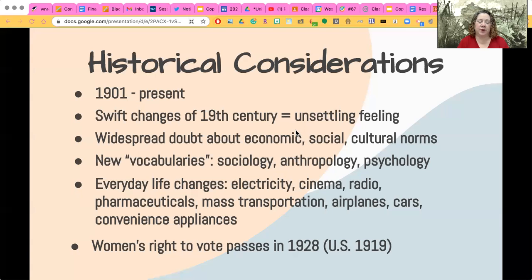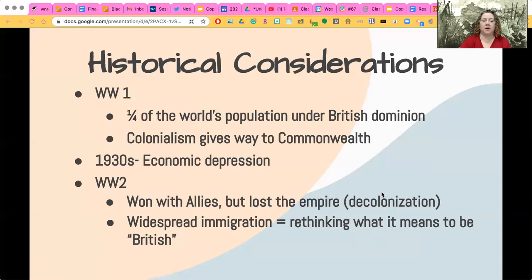We have in the early 20th century, the women's right to vote passing in 1928. Remember, we're talking about Britain, so in the US it was a little bit earlier than that.